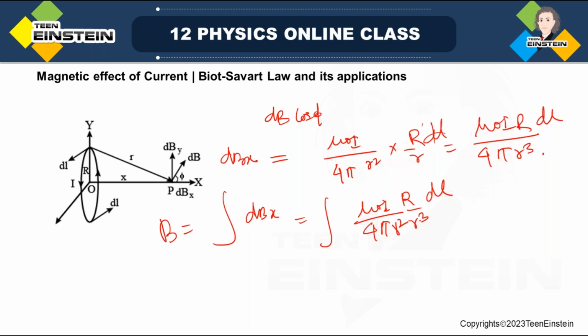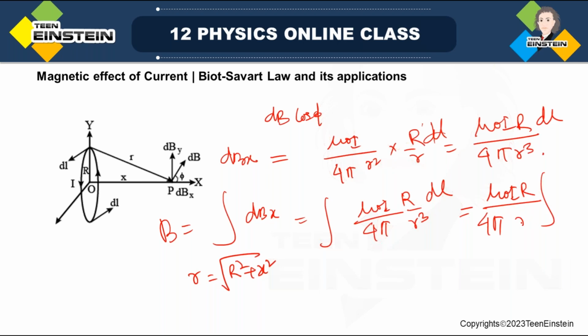So this small r cube, we can express in terms of x and R. Small r is actually the square root of R square plus x square. So mu 0 I by 4 pi, and see this R will be anyway out.